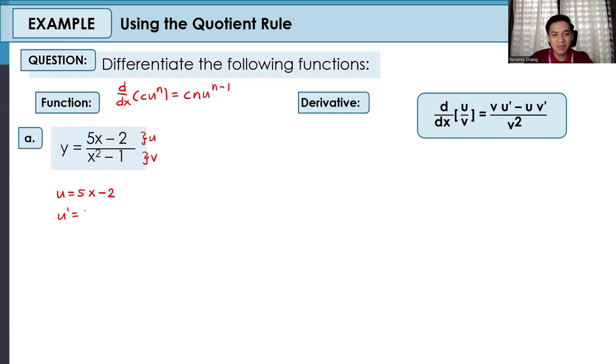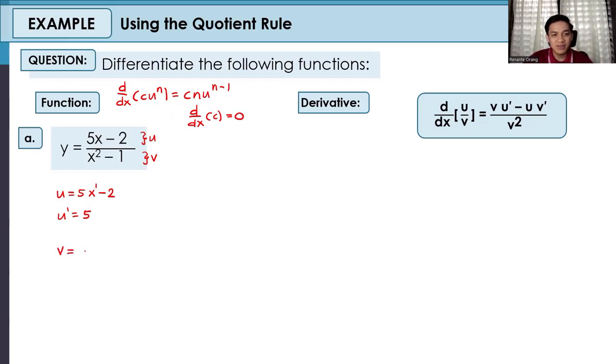Ibig sabihin, copy-paste lang natin si 5, x raised to 1, minus 1 is x raised to 0, so that is 1, so pwede na nating hindi ilagay. Next is si negative 2. Gagamitan po natin siya ng constant rule. That is the derivative with respect to x of any constant is equivalent to 0. So this one is magiging 0.